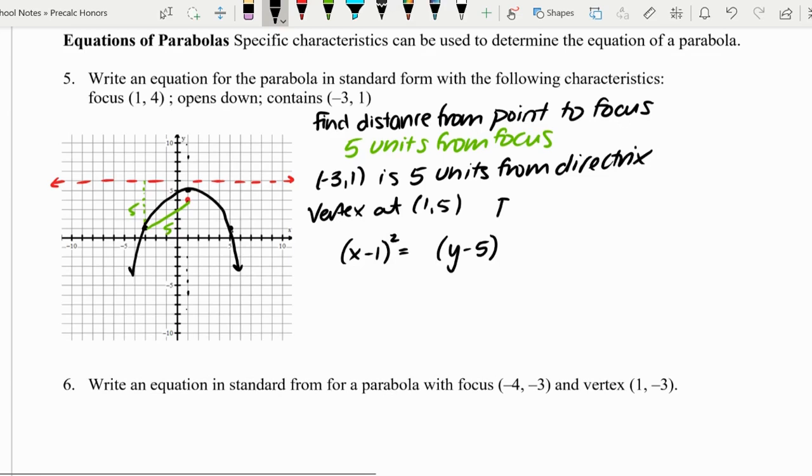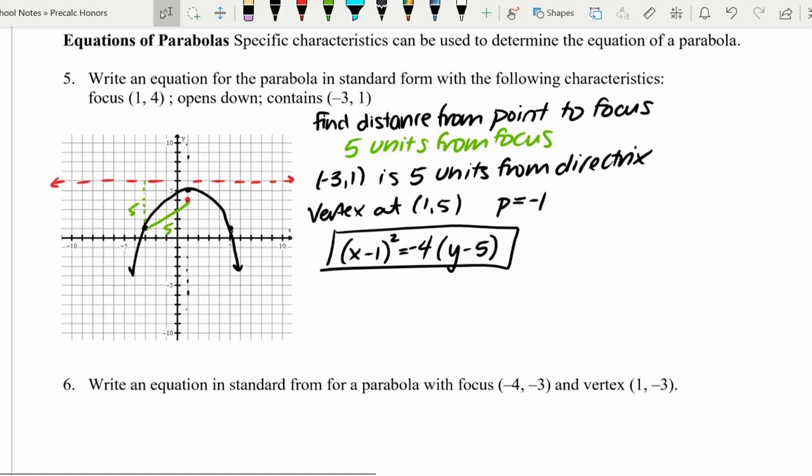We know the distance from the focus to the vertex is 1, but since it opens down, we put that negative in there, so -1. That means my coefficient is going to be -4 for 4p. So that would be the equation of this parabola, and that method will work for any problem like this.